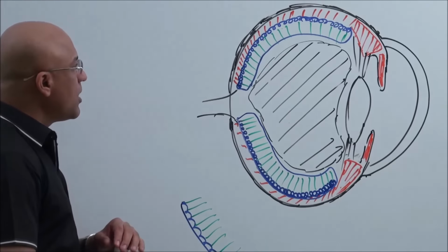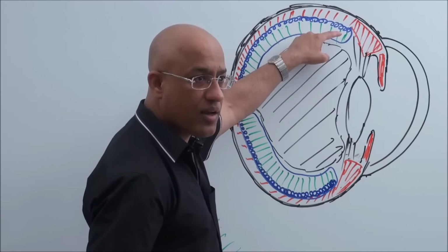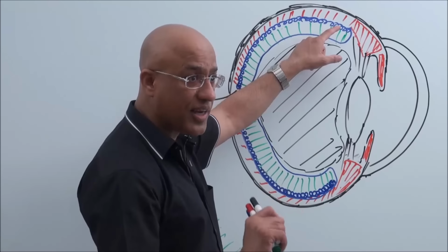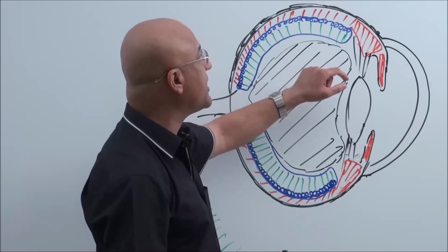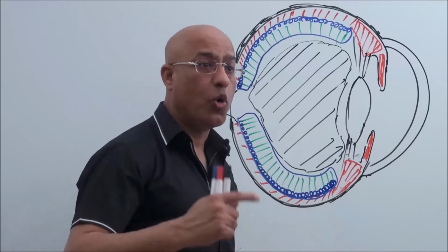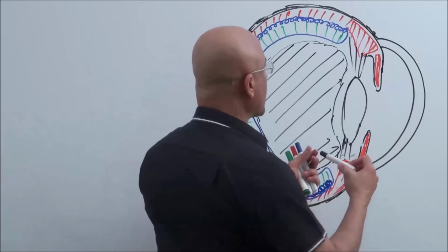Now, as you move on the retina anteriorly, right, the light sensitive part of the retina abruptly terminates at a point here which is called ora serrata. Now let me tell you what is ora serrata and where it is located. This is the corneo-scleral junction.